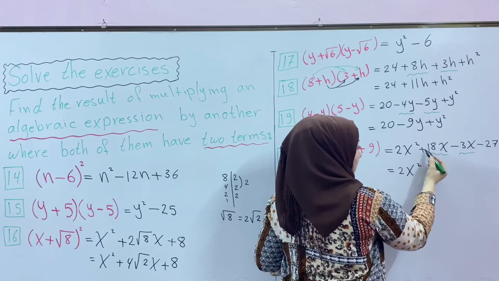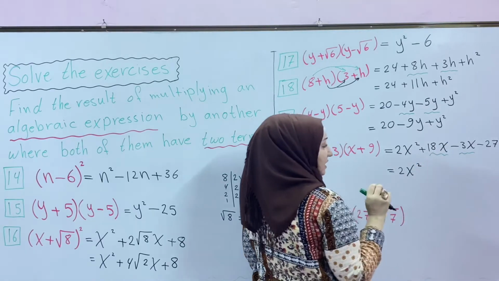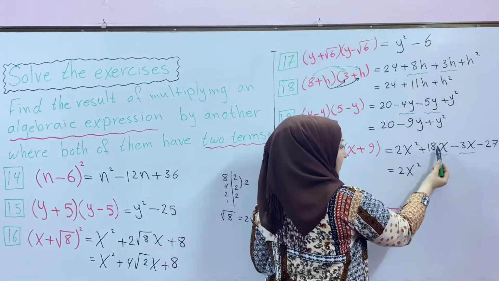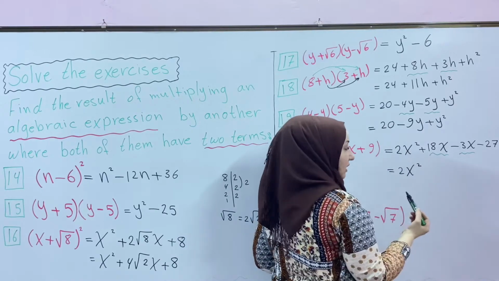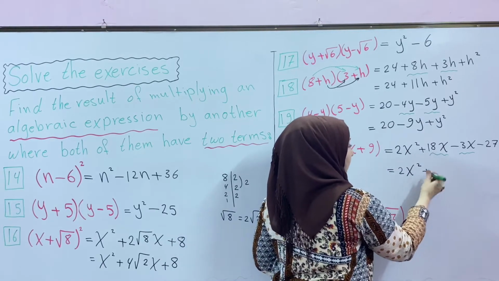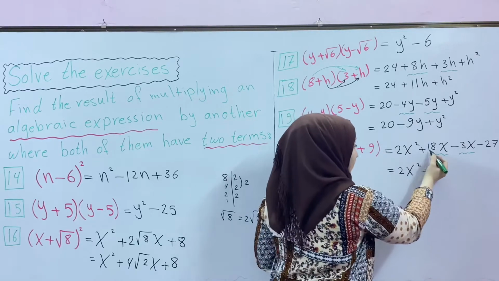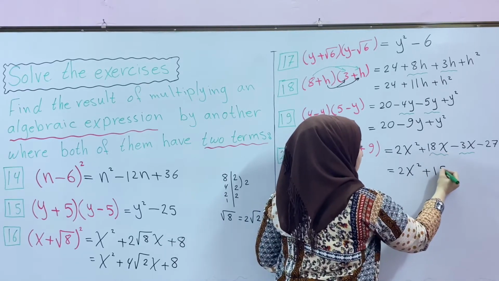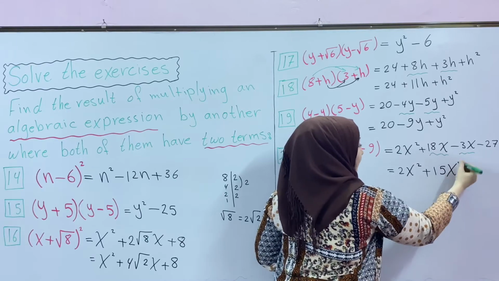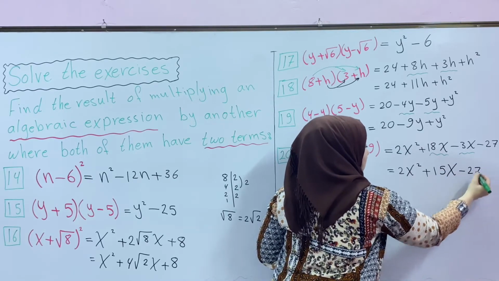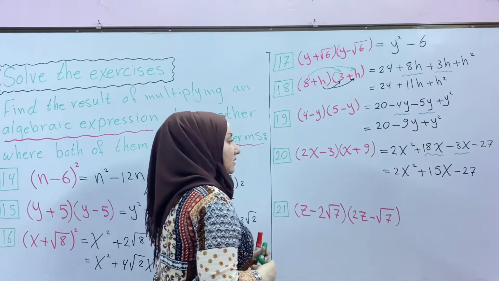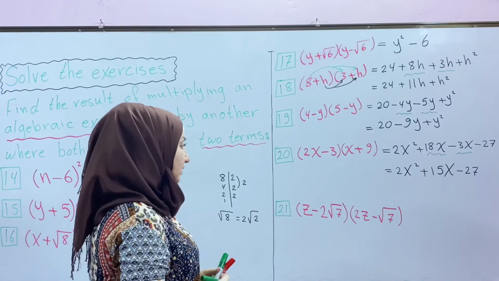These are two different signs, so we take the sign of the greater value, which is positive, and we subtract. 18 minus 3 is 15x, minus 27. This is the result of number 20.